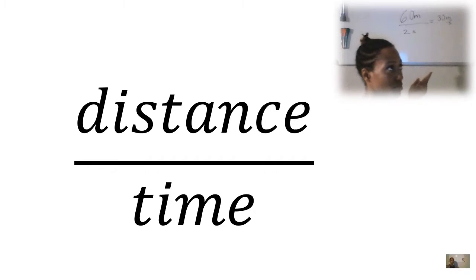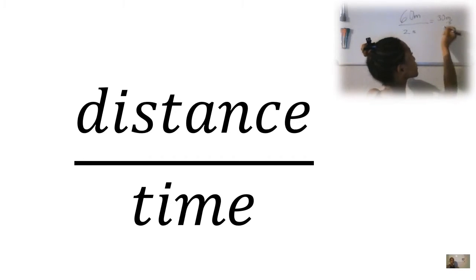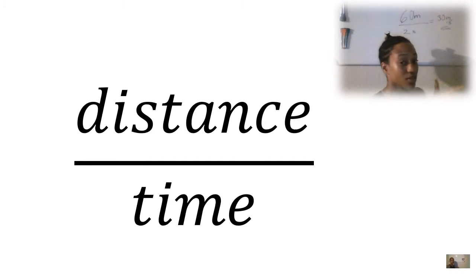And if you keep the previous card in mind, the average velocity was also 30 meters per second. So this is an instance where average velocity can be equivalent to average speed, but they're not the same thing. So don't get it confused, okay?